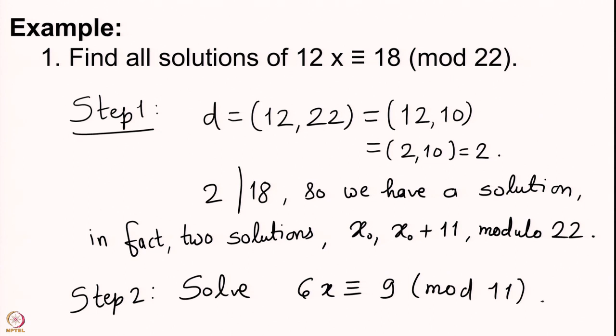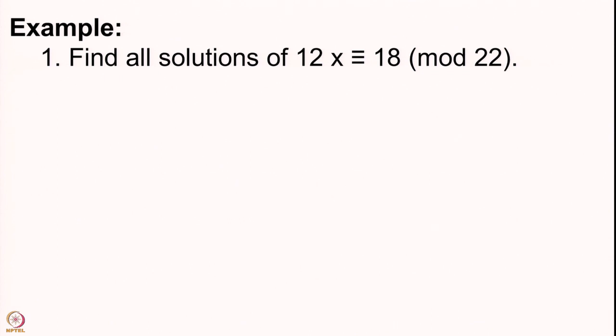This is the step 2, that we want to now solve 6x congruent to 9 mod 11, where 6 is nothing but 12 upon 2. The GCD is now getting cancelled. 9 is 18 upon 2 and 11 is 22 by 2. So, this is an equation which we want to solve. Let us go to the next slide and try to solve this equation.